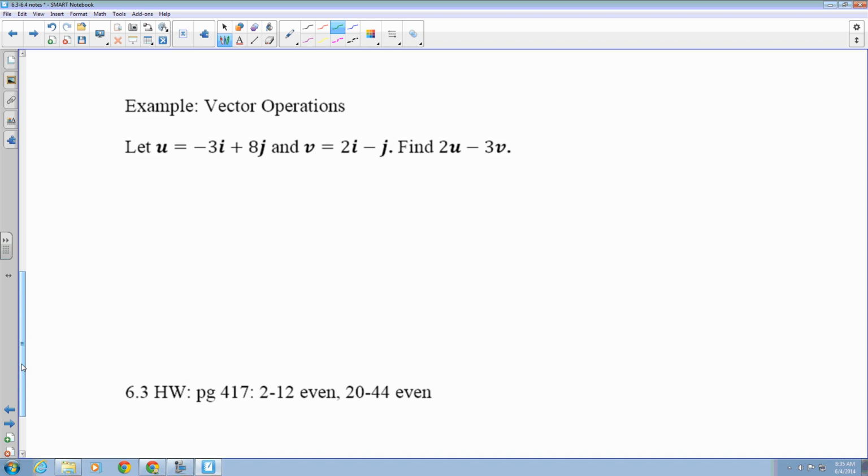Okay, here we are doing some operations with linear combinations. If I have vector u and vector v in linear combination form, find 2u minus 3v. I'm going to do it the same way I did before. The only difference is this time I'm going to have some like terms that I'm going to have to combine in the end.